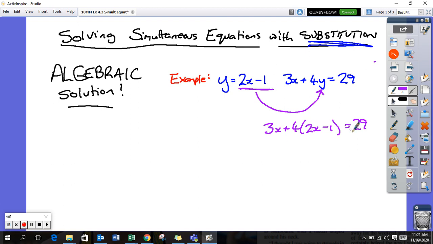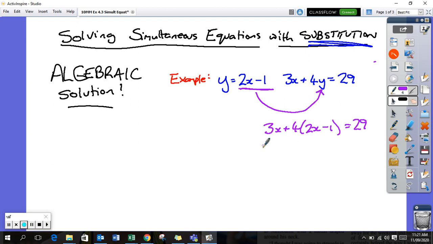Now we only have x's in the equation. There is only one variable, and that's x. It's there twice, but there's only one variable. Okay, so that is the key step here. Instead of y, we're putting 2x minus 1 because we know that y is equal to 2x minus 1. So we're not changing the equation because it's equal.